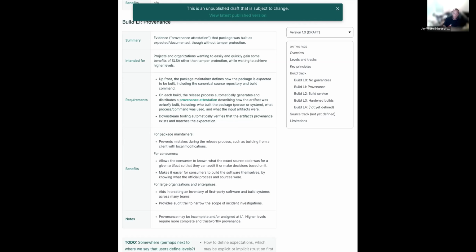If I may, as I understood L1 beforehand, it was just the ability to generate some type of provenance attestation, not necessarily the actual evidence of provenance attestation, right? So the ability to generate that alone was sufficient for L1. I'm saying if this is changed, great.